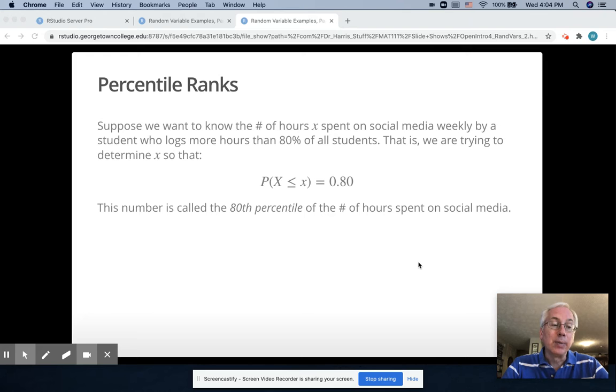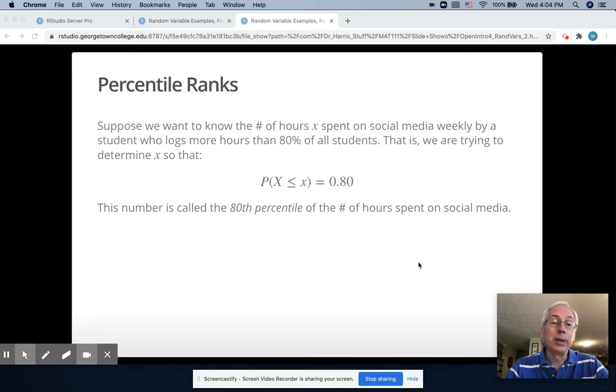In a percentile calculation, it's going to be the area from the far left end of the distribution up to a given number. So we're trying to find the cutoff where 80% of the area underneath the curve is to the left of that number. So it's a different calculation.